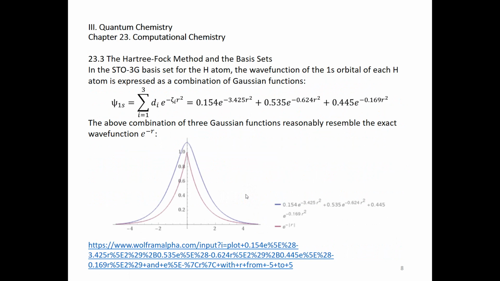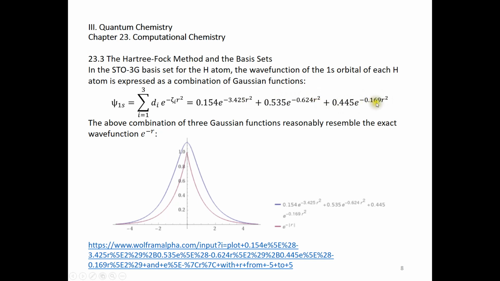In the STO-3G basis set for the hydrogen atom, the wave function of the 1s orbital of each hydrogen is expressed as a combination of 3 Gaussian functions. So you can see e to the power of -3r squared, e to the power of -0.6r squared, e to the power of -0.17r squared.